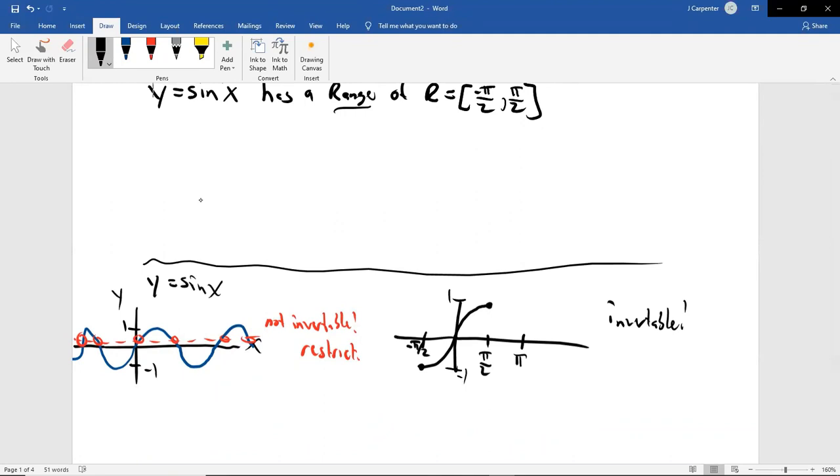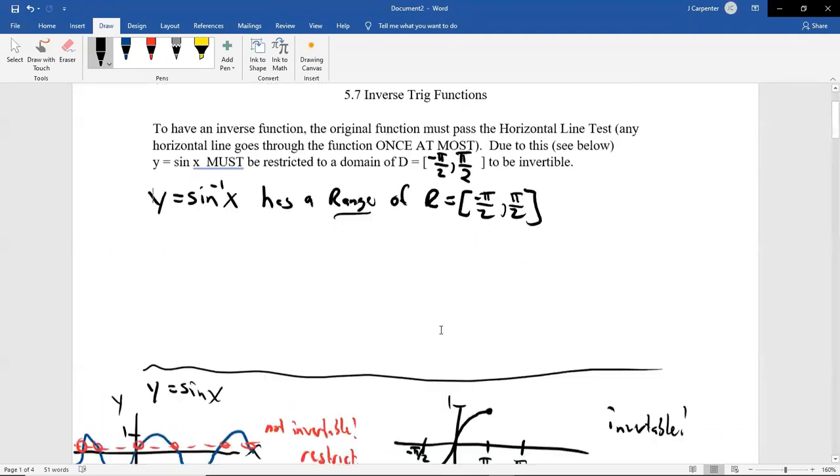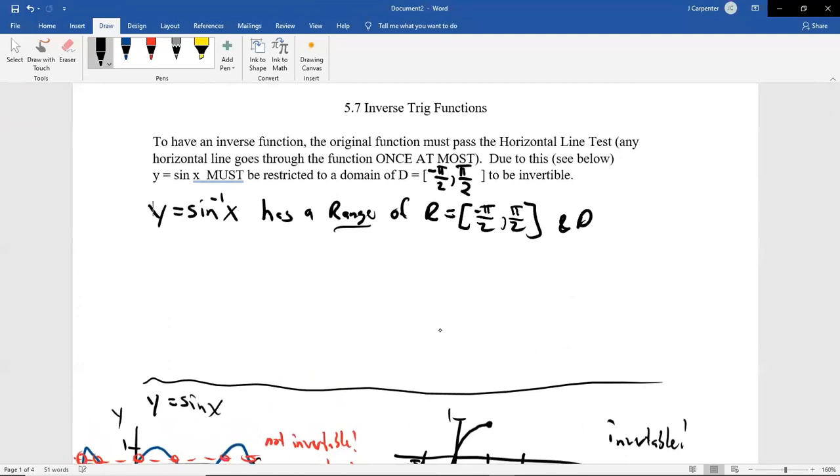So the range of sine of x between negative 1 and 1 would be the domain of the inverse function. So that's the sine function and its inverse.